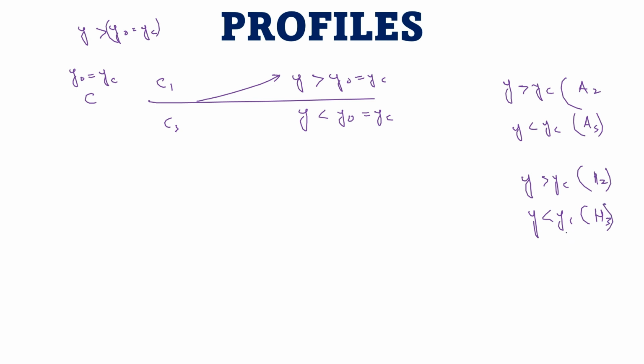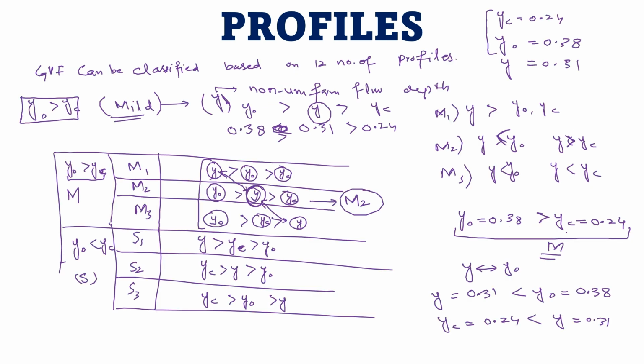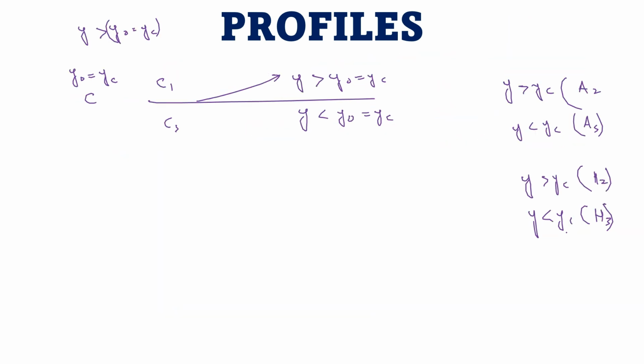So first of all, you have to decide the main category, either mild, steep, critical, adverse, or horizontal, and then go towards the subcategory of the profiles: M1, M2, M3, S1, S2, S3, C1, C3, A2, A3, H2, or H3.